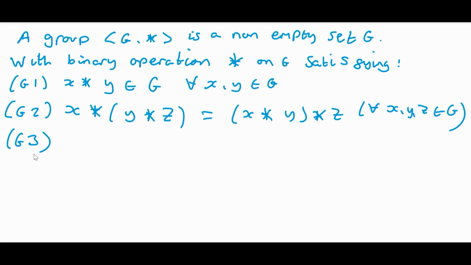Okay, the third axiom is to do with inverses. So, no, for identity, sorry. There exists, we'll call it e_G, such that x with the binary operation applied to e_G is equal to x, which is equal to e_G with the binary operation applied to x.